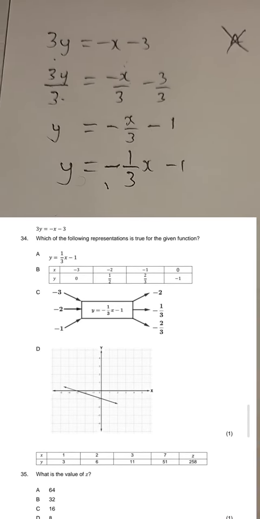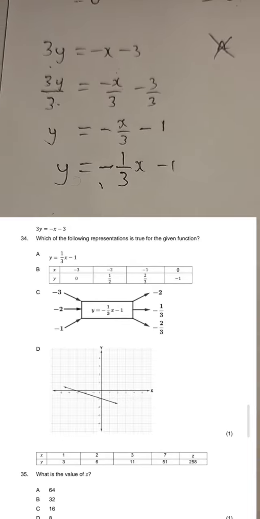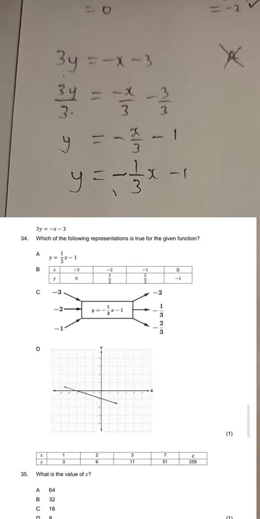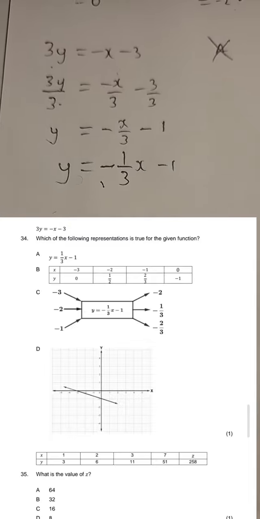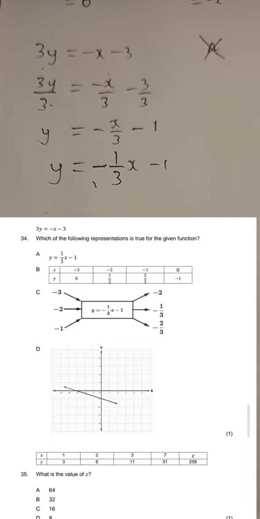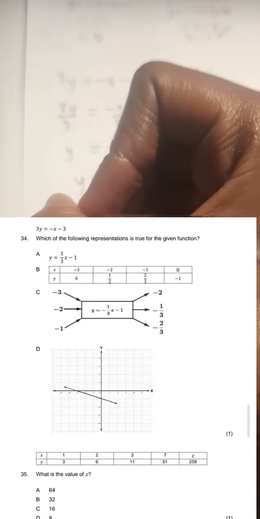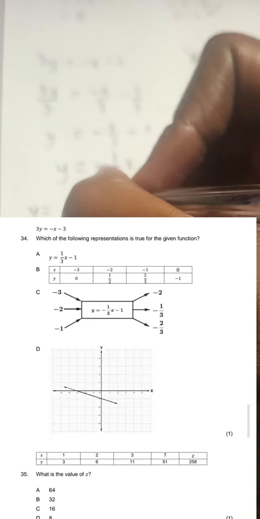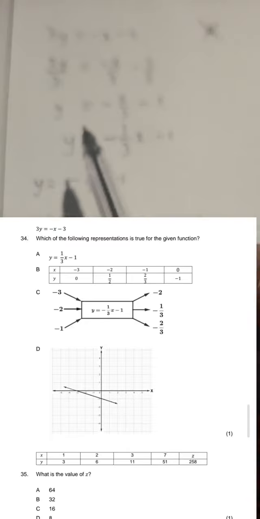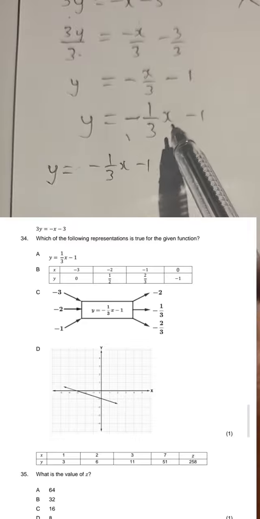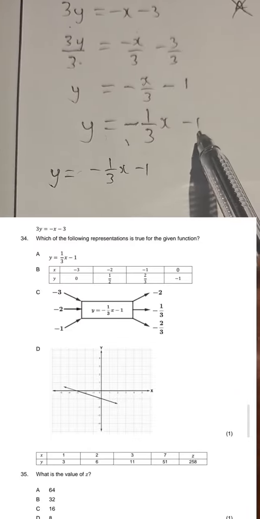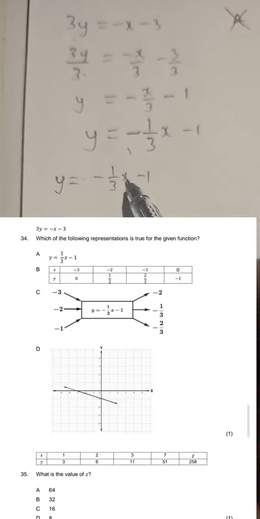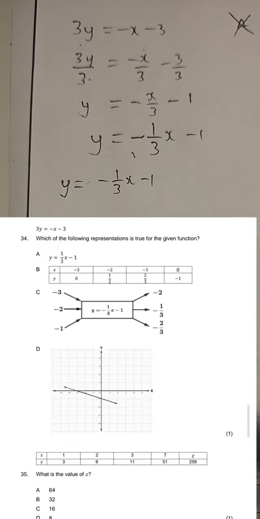Let's move on. Let's go to number B. Is B, the table, a representation of the function? So what we can do there is take the function that we now have, which is y is equal to negative 1 over 3x minus 1. We are told that x is equal to negative 3. The output should be 0.